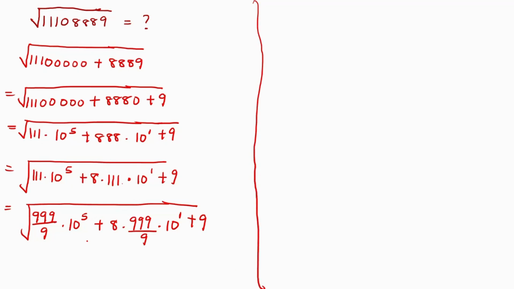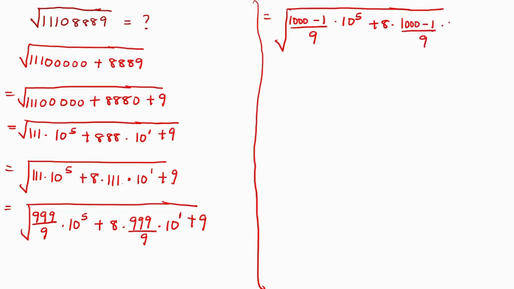So let's continue. From this 999, we want to rewrite it. We know that 1000 minus 1 gives us 999, right? So this becomes 1000 minus 1 over 9 multiplied by 10 raised to the power of 5, plus 8 multiplied by 1000 minus 1 divided by 9 multiplied by 10 raised to the power of 1, plus 9.